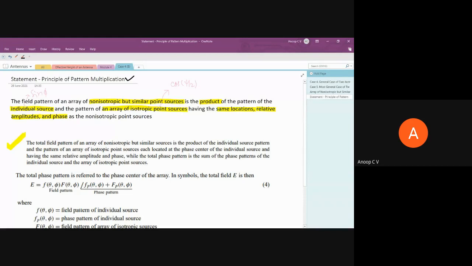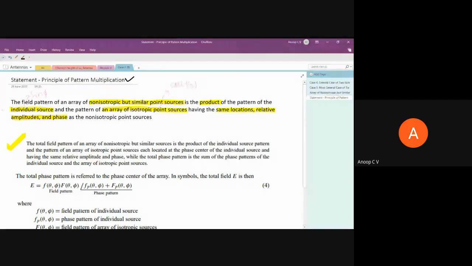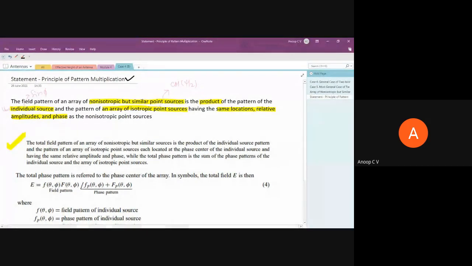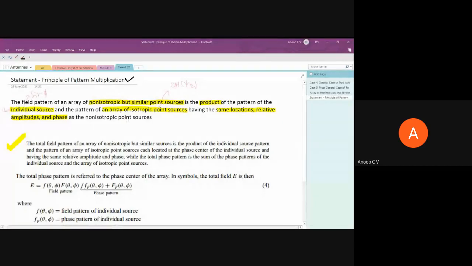So product of these two will be the resultant field. The resultant field pattern is sine phi times cos of psi by 2. That is the resultant field pattern. So please try to read this, and I would like to ask, are you able to appreciate this at least little bit? Some idea are you getting?